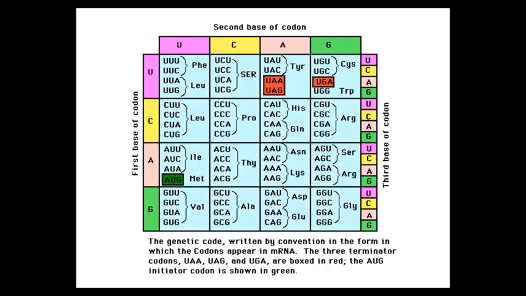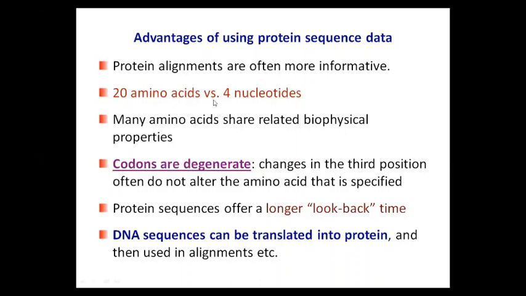Another important advantage of using protein sequence is that even if you have got only the nucleotide sequence, you can also translate it into a protein sequence by use of bioinformatics tools. But the reverse is not possible. From a protein sequence, you cannot get back the DNA sequence which code for the protein sequence. It is because of the fact that there may be use of different codons for the same amino acid.